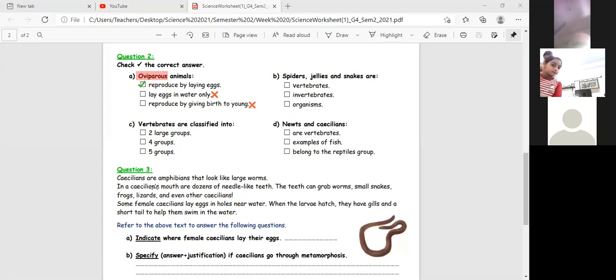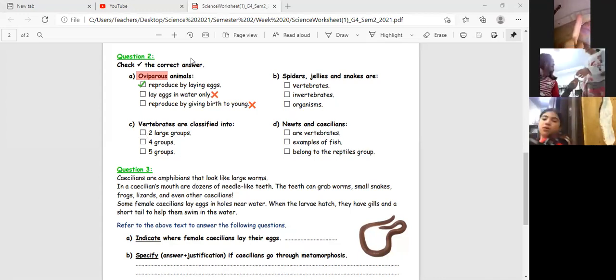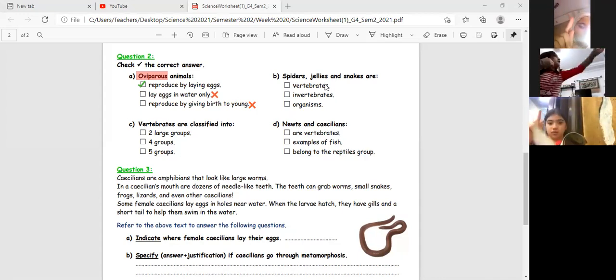Yara Safiyaddin. Spiders, jellies, snakes. Are they vertebrates, invertebrates, or organisms?